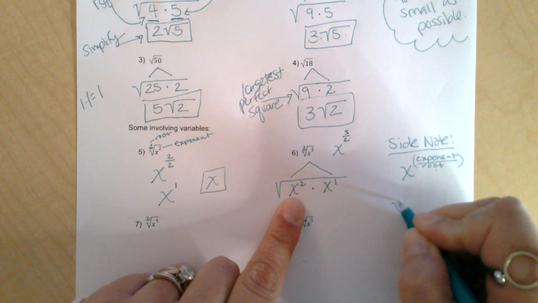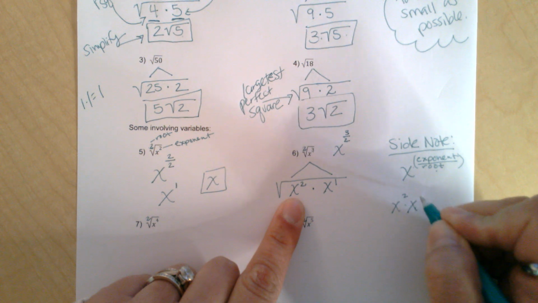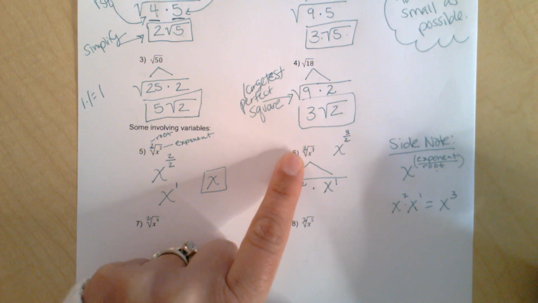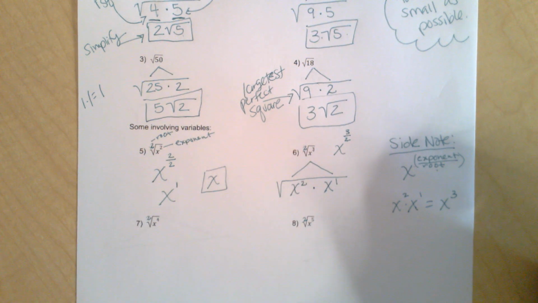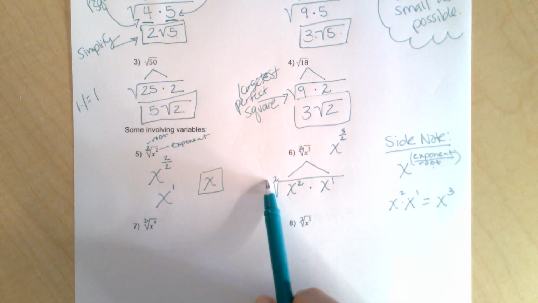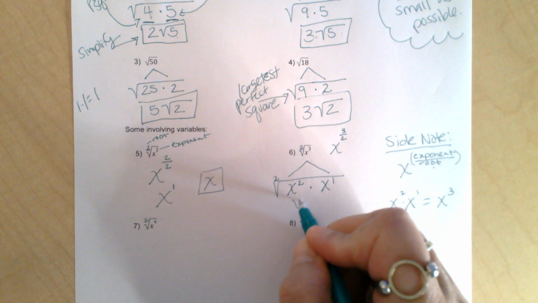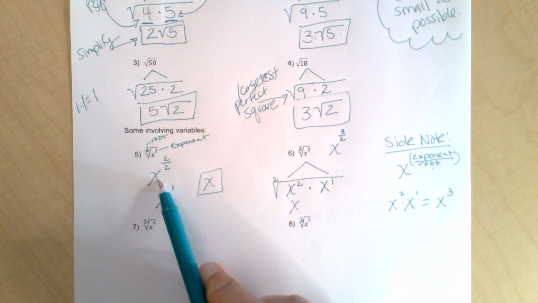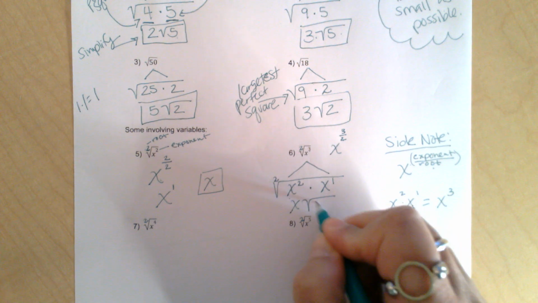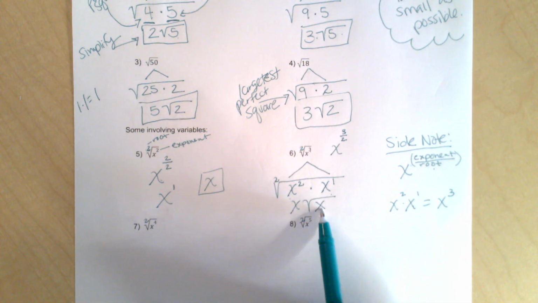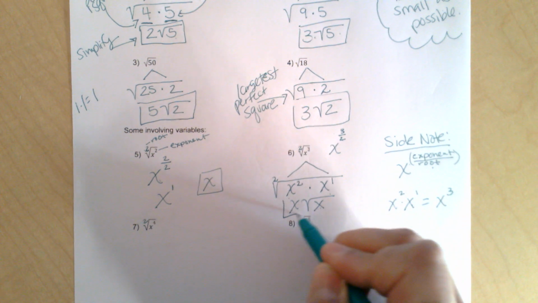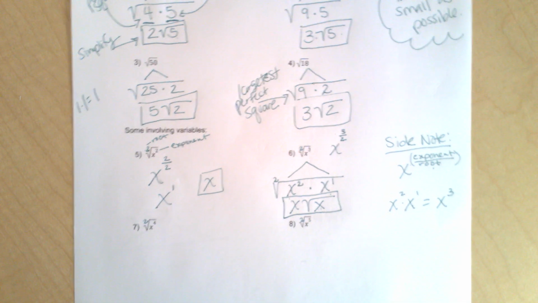Another side note, when we multiply variables with the same base, we add their exponents. So you really want a factor of whatever root you're taking, because we know here it's 2. X squared, the square root of that is x. So we just did that one over here. So I'm going to write x down. That's just this. And then we cannot take the square root of x to the first, so we just bring it down, just like we did here. If you can't go any further, we just bring it down, and this is our answer.